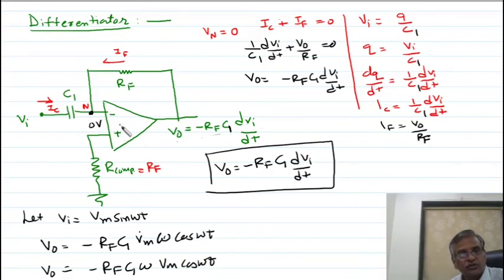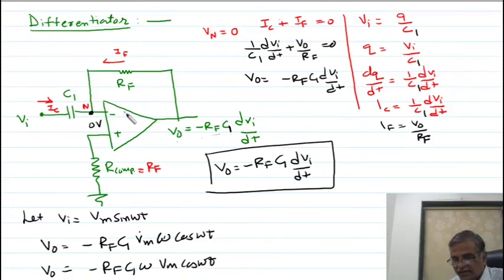This is also known as a differentiating amplifier. Here the output of this circuit is the derivative of the input signal. For this circuit, output is nothing but Rf C1 times the derivative of the input signal.